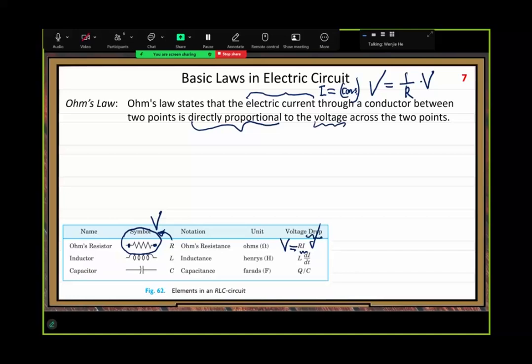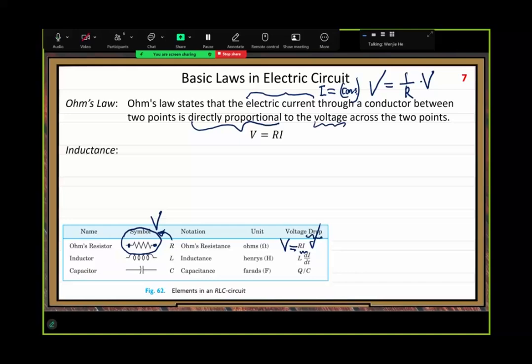So the most commonly used way of Ohm's law is V equals R times I, slightly different from the original but equivalent. So voltage drop equals R times I. That's the first basic law. In physics we call it a law; in math we call it a theorem.